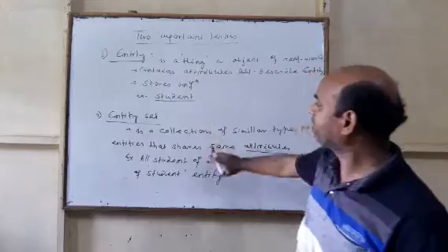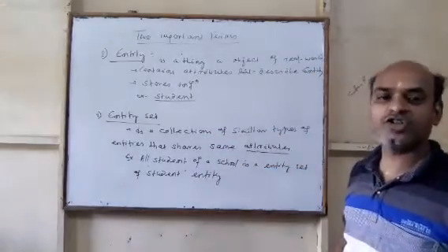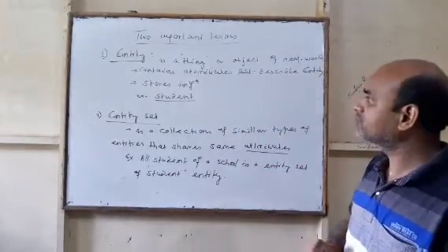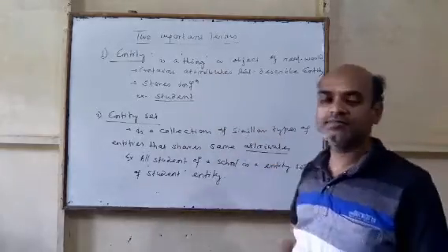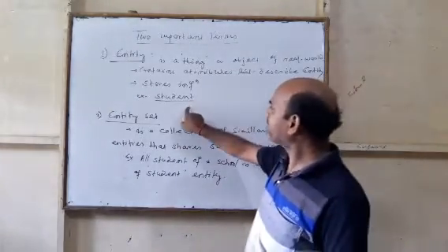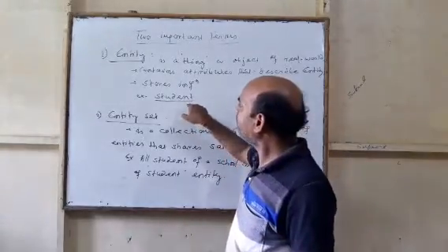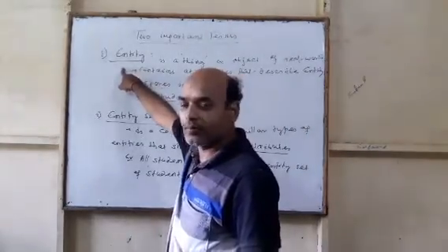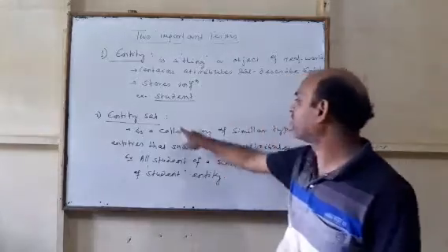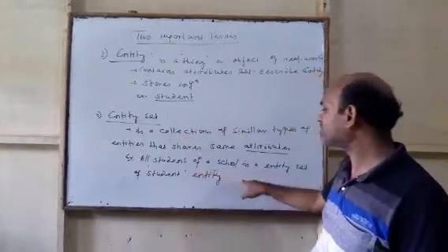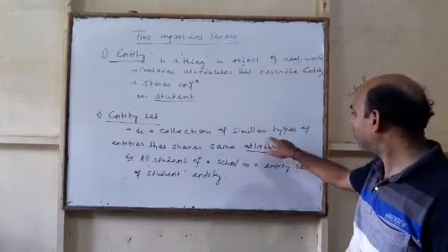Two things try to understand: one is an entity, another is entity set. Student may be an entity, but all students are the entity set because all students is the collection of similar types of students.